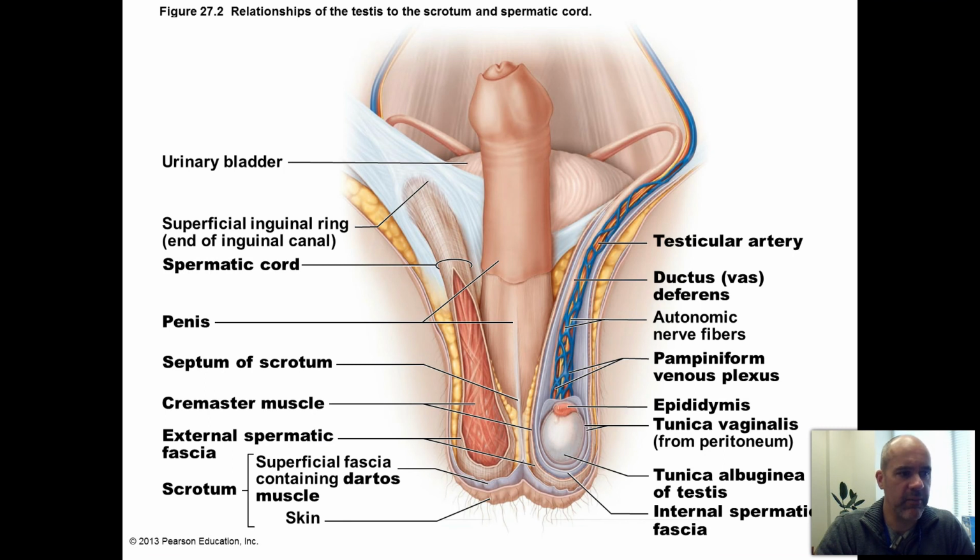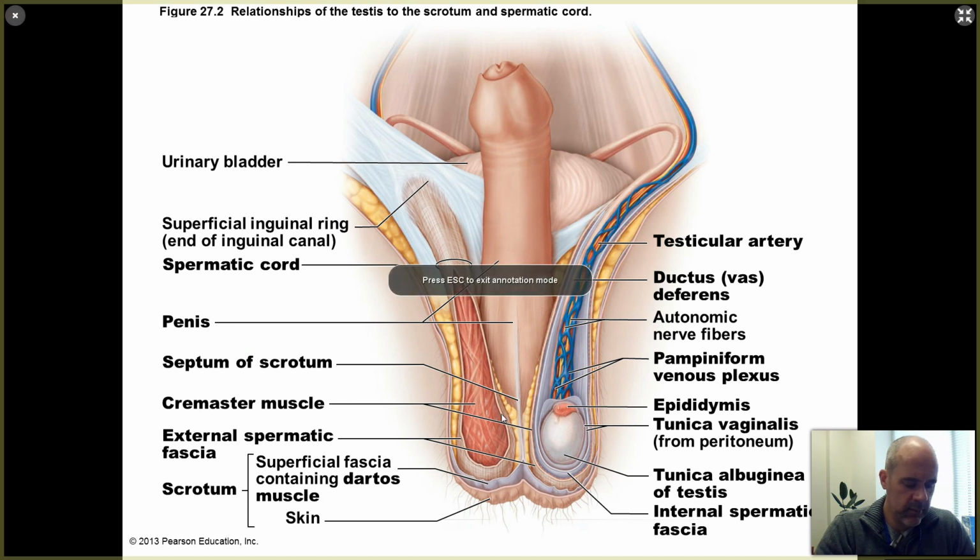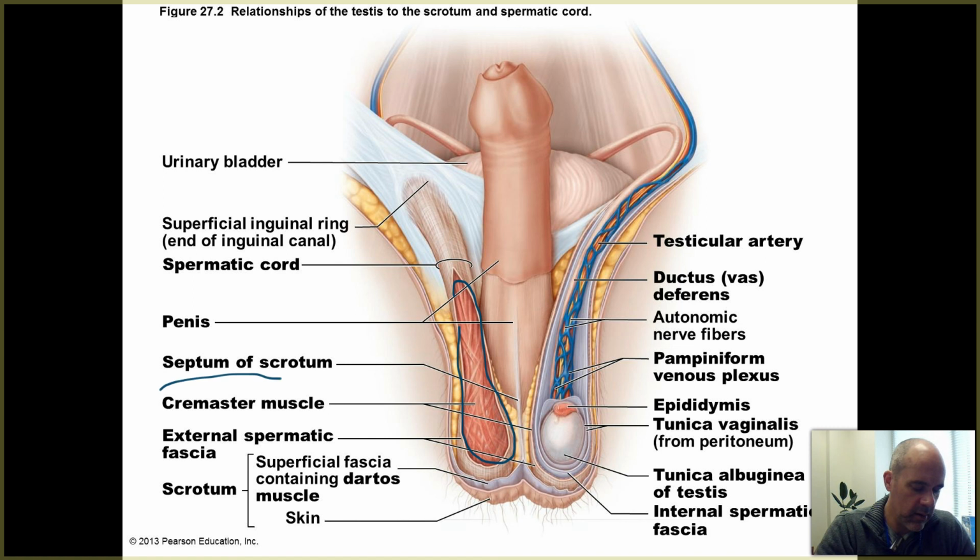And here's a diagram from your textbook which is showing you some of these different features. Now notice in red here on the diagram, that is supposed to represent the cremaster muscle.